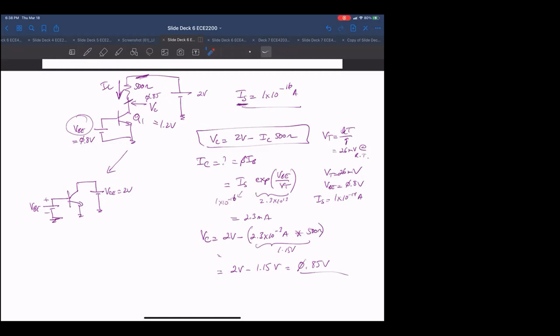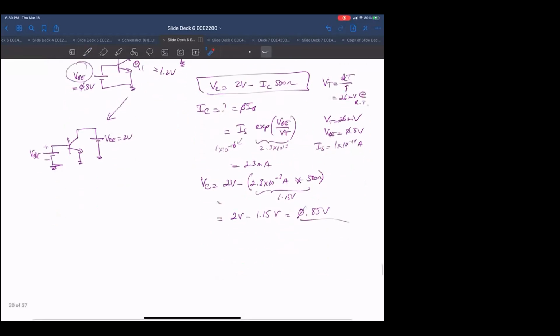Now imagine if I had picked 600 ohms as my resistor. This voltage drop would have ended up being like 20% higher, and this guy would have come out of reverse bias.